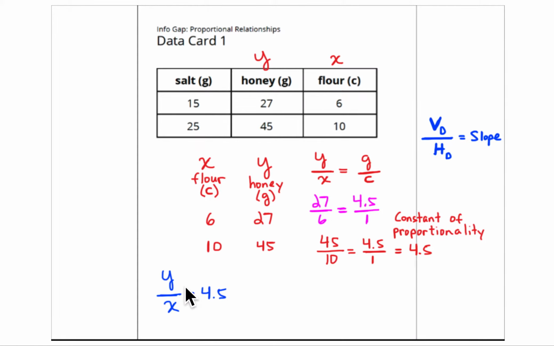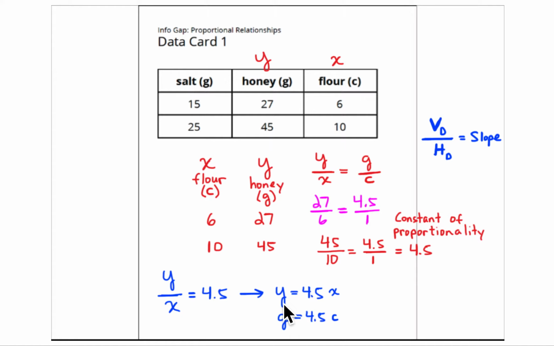All right, so what they're saying is that the number of grams of honey is 4.5 times the number of cups of flour. So the number of units in cups of flour, you multiply that number by 4.5, that's going to tell you how many units of honey in grams that you need. So if you just say that, then you can write the equation.